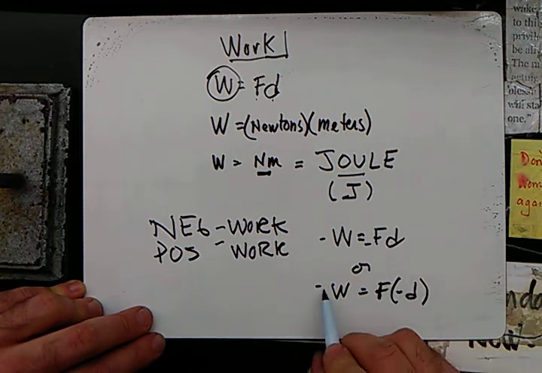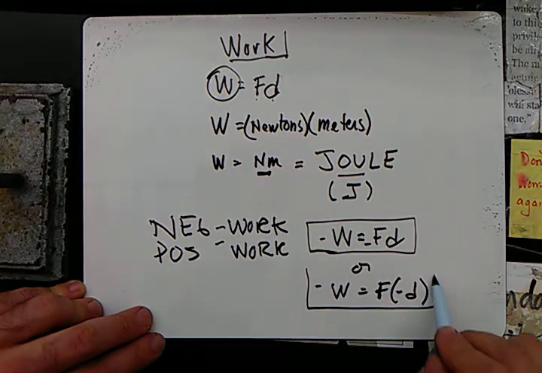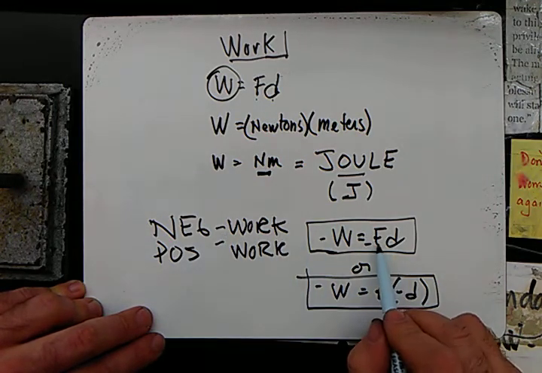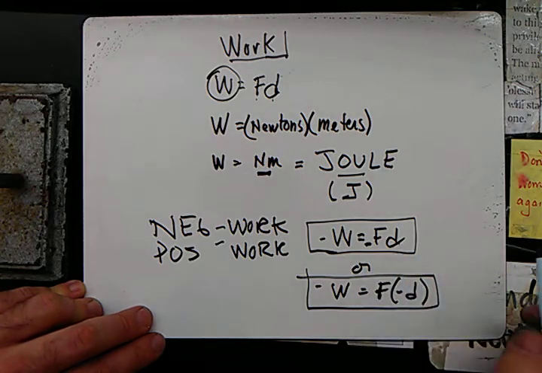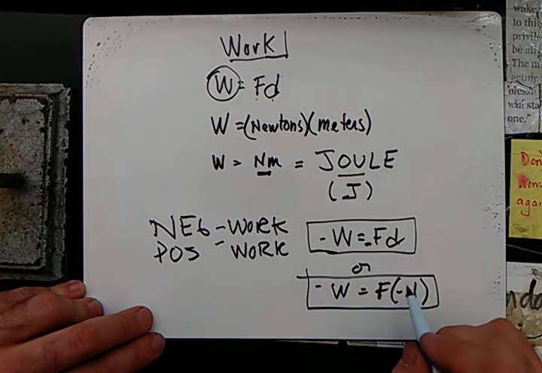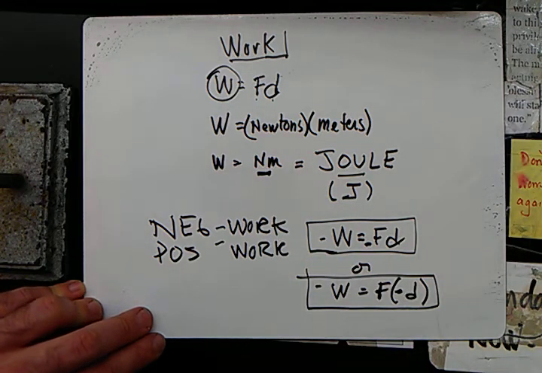So don't let this confuse you. It's just a sign thing. Negative work means we have a negative force or a force going in a negative direction, or a distance going in the negative direction. So when we talk about negative and positive in some of the questions, that's just what you're going to look at.